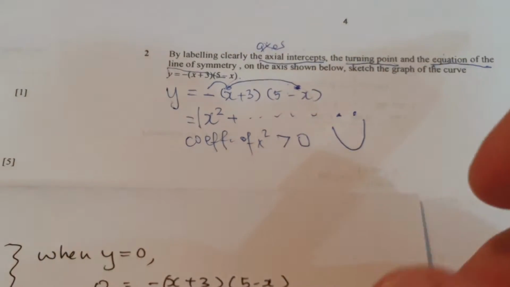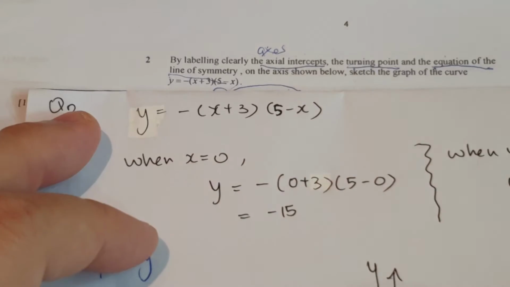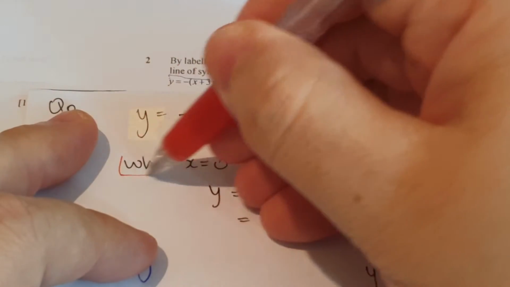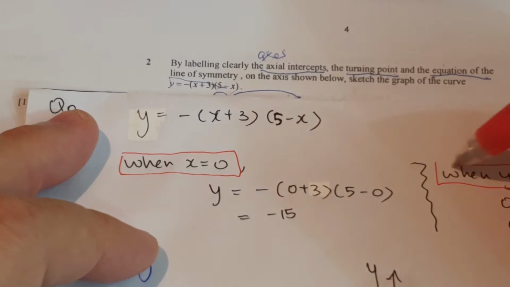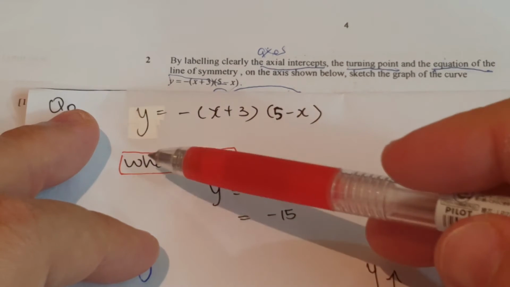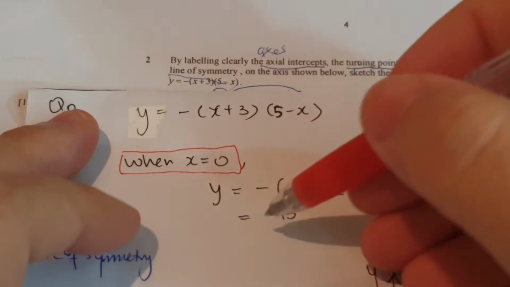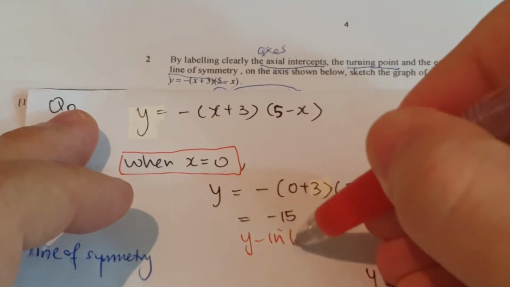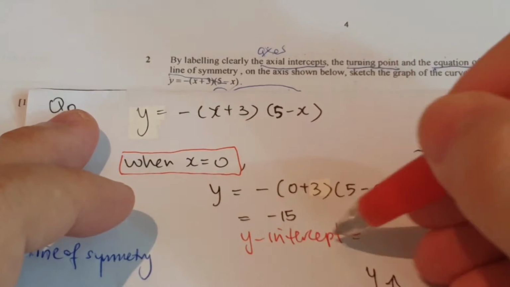Now, how do you start? Basically, normally, right, we go and find the intercepts, okay? Now, to find intercepts, the correct way is to sub x equals 0. Okay, you will get the y-intercept, okay? So your y-intercept, for this particular question, right, you don't need to state like that.